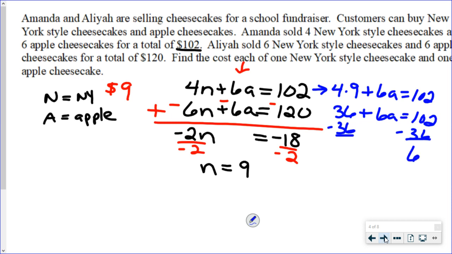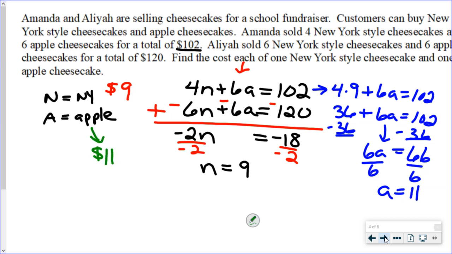And I get 66, but I still have that 6a. So I'm going to divide by 6, so I get a equals 11, which means my apple cheesecakes are $11 and my New York cheesecakes are $9. You might be a little hungry now.